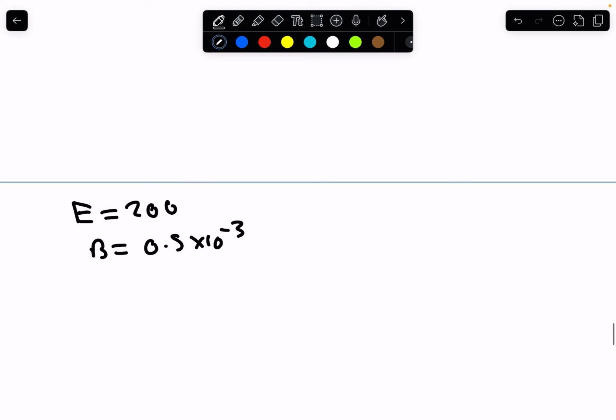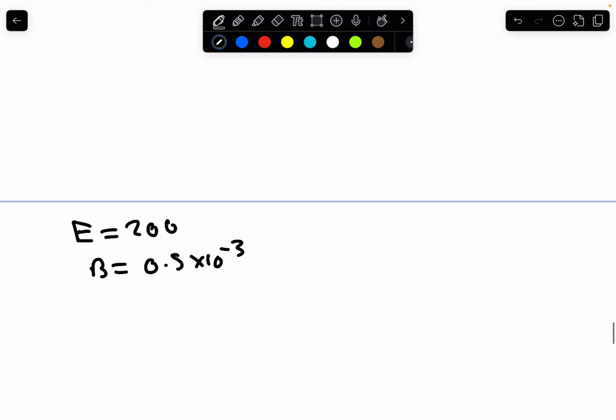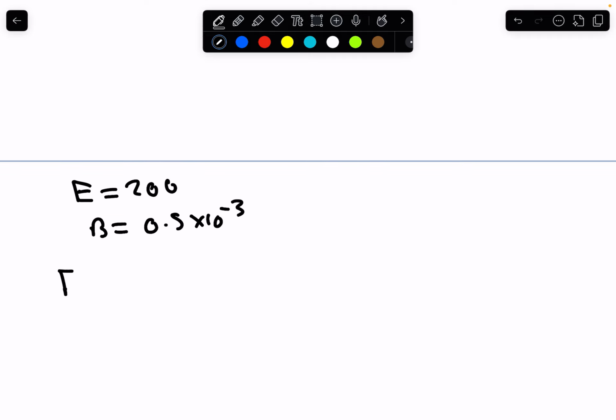Well, here you assume that the electric force equals the magnetic force. So E equals F over Q.